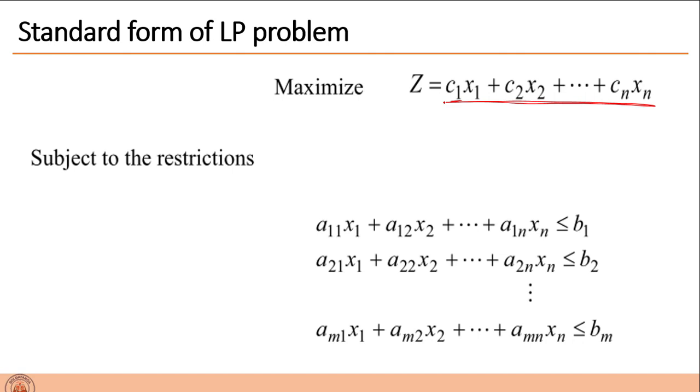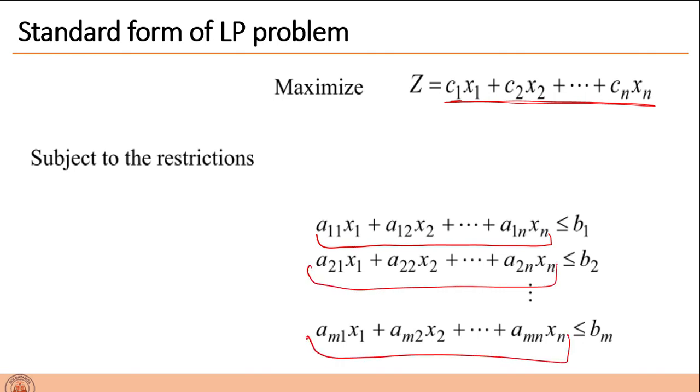The first m constraints, that is those with a function of all the variables, ai1 x1 up to ain xn on the left-hand side, are sometimes called functional constraints. Then we can have a similar constraint for the non-negative constraint, for the xi's.